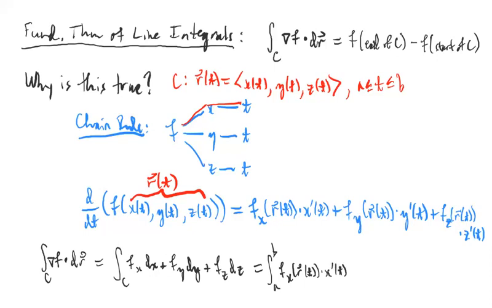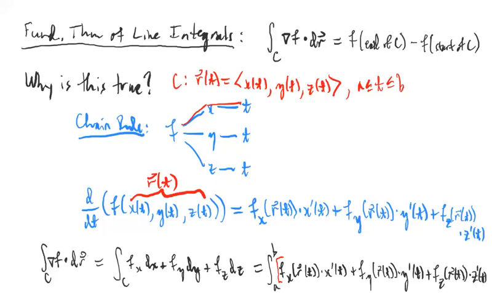I'm going to factor out dt from everything. And this is going to be plus f sub y of r of t times y prime of t, plus f sub z of r of t times z prime of t.